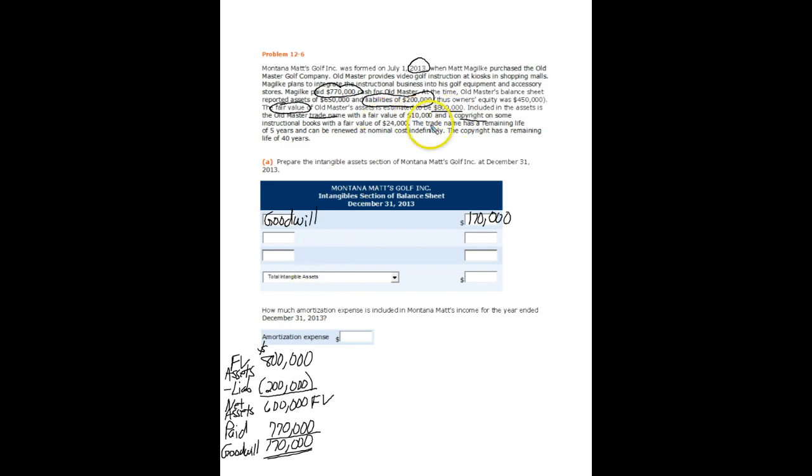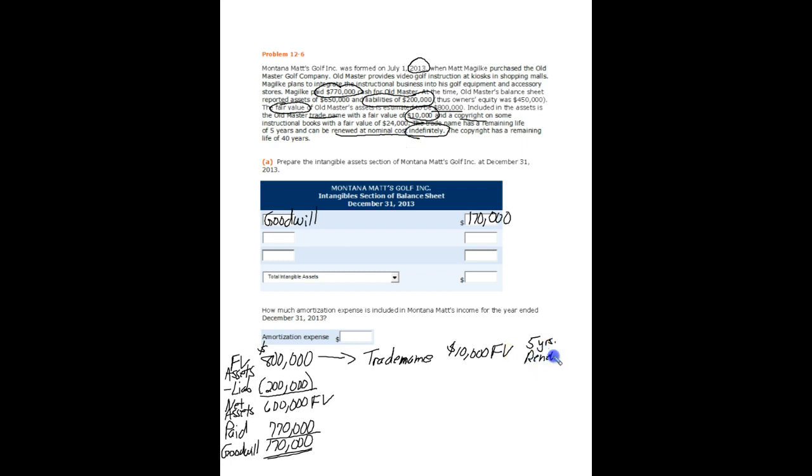Let's look at the other two assets, because the $800,000 includes a trade name that he purchased, and it tells us the fair value of that is $10,000. It also tells us that the trade name has a remaining life of 5 years, but it can be renewed indefinitely.